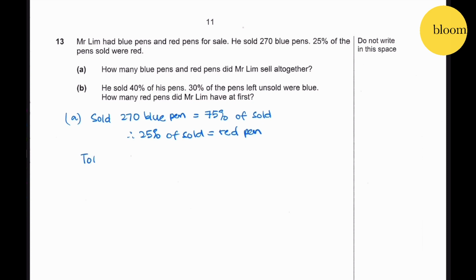Therefore, total pens sold times 0.75 equals 270. Total pens sold equals 270 divided by 0.75. That gives us 360.